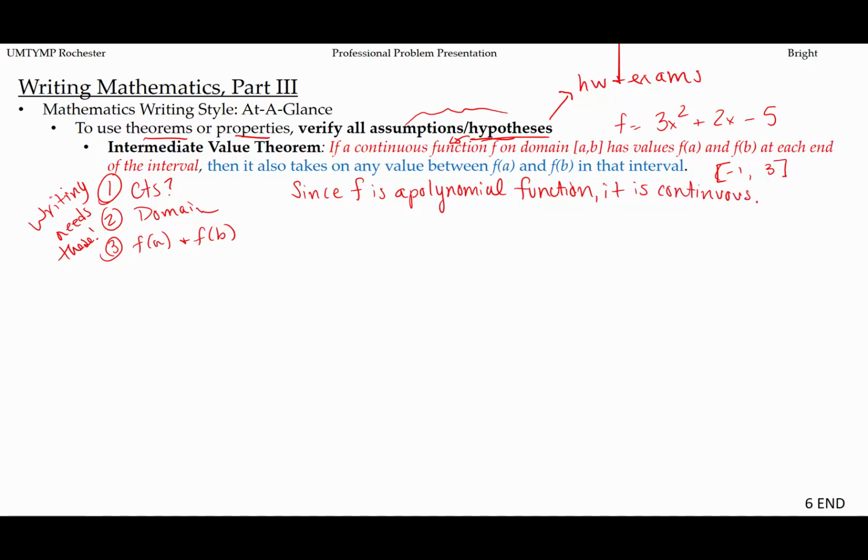Okay, so I verified condition 1, and I'm going to continue to verify the other conditions.